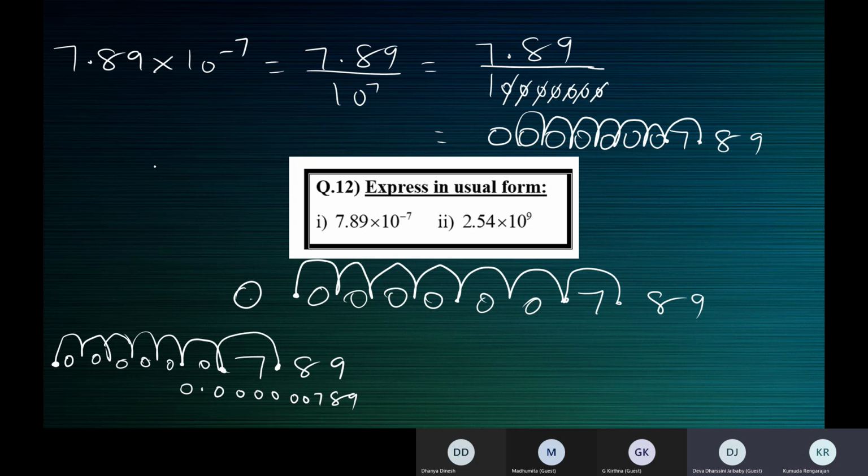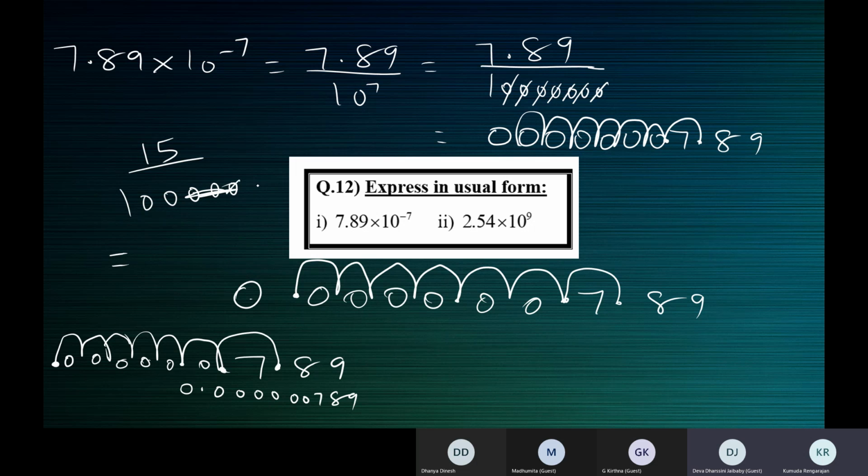Nothing to worry, children. See, when you know how to handle 15 by 10,000. Tell me, what is 15 divided by 1 lakh? Okay, let me make it easier.